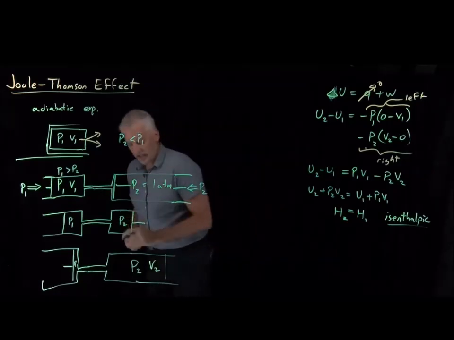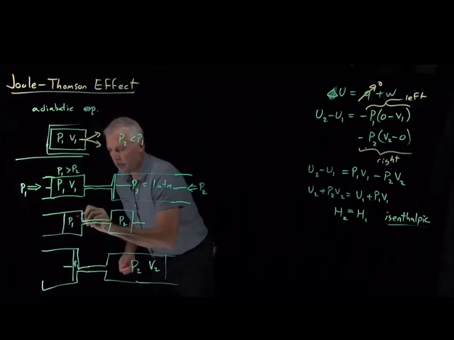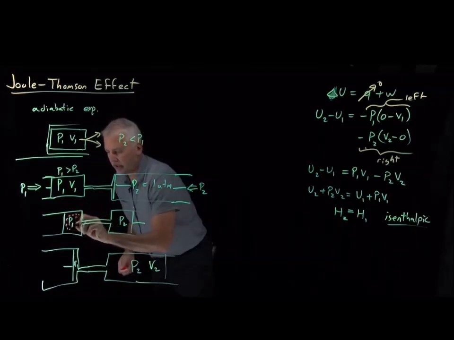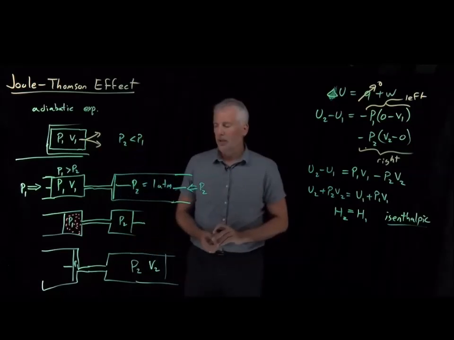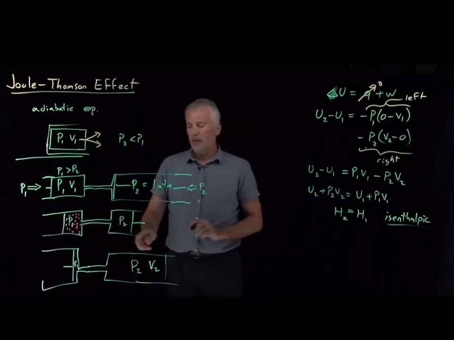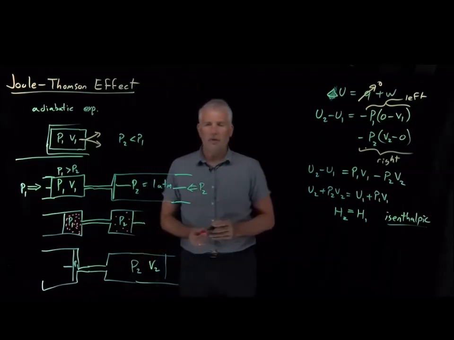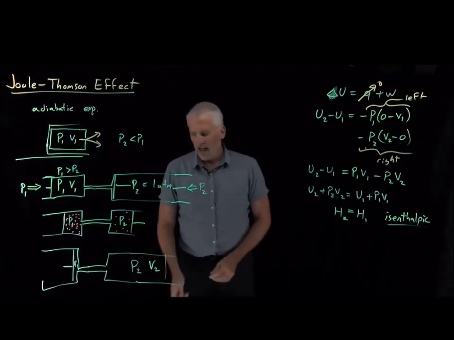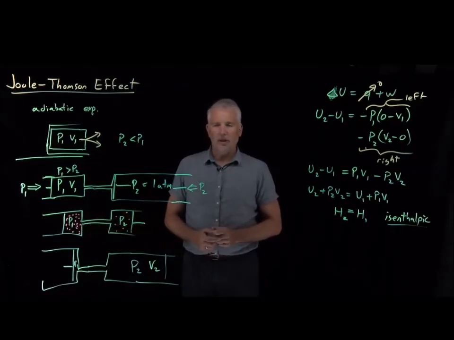So let's say if I take, at this higher pressure, the gas molecules are relatively close together. It's still a gas, so they're not terribly close together, but they're closer together than they are at P2. At P2, the gas molecules are at a lower pressure, so they're farther apart from one another. For an ideal gas, they don't care how close together they are. Their kinetic energy is just determined by their internal energy and vice versa.